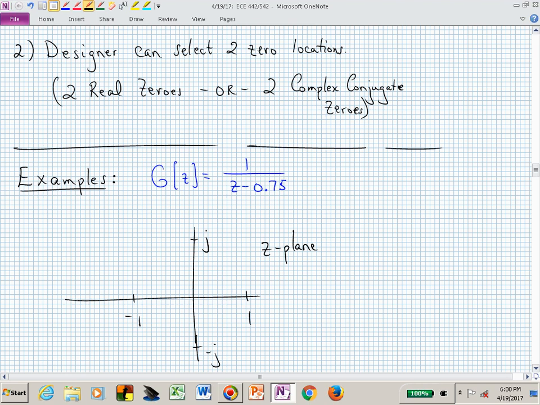So there's the boundaries of my unit circle. And where's the pole of the system? It's right there at 3/4 in the positive half of the z-plane. That's the value of z that causes that denominator to vanish.